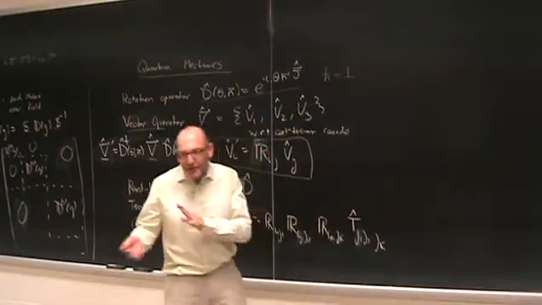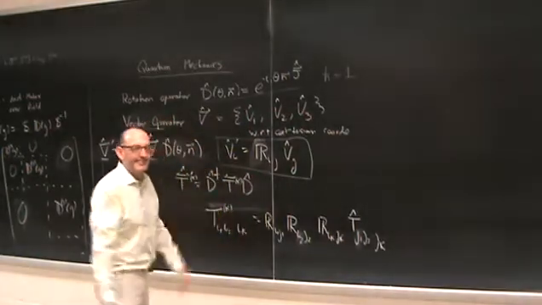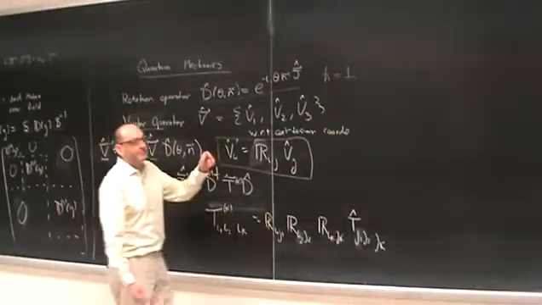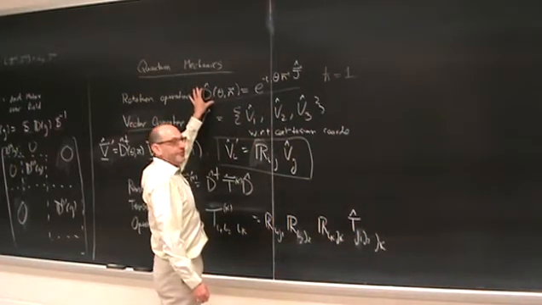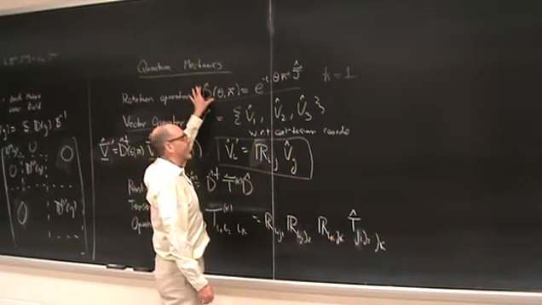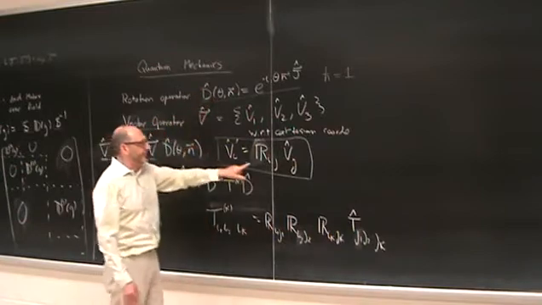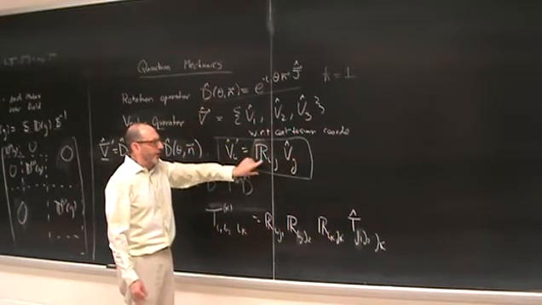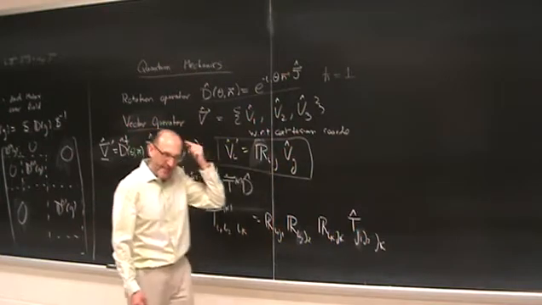There are two mathematical structures, two great tastes that go great together. This operator acts on Hilbert space. It takes kets to kets. This operator acts on three-dimensional space. Keep that in mind.